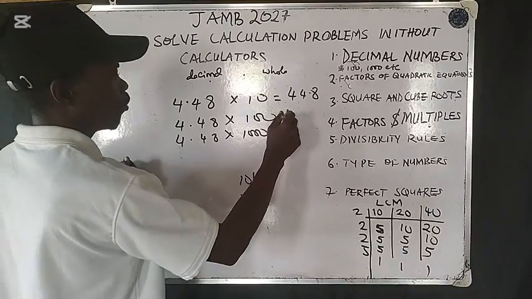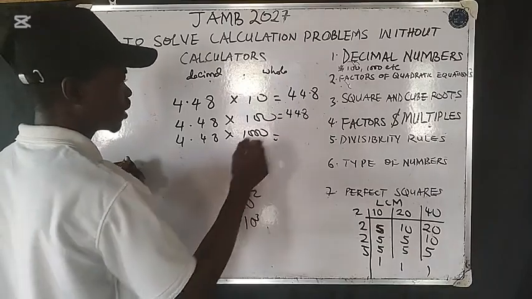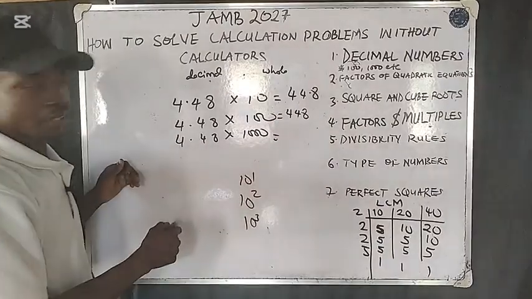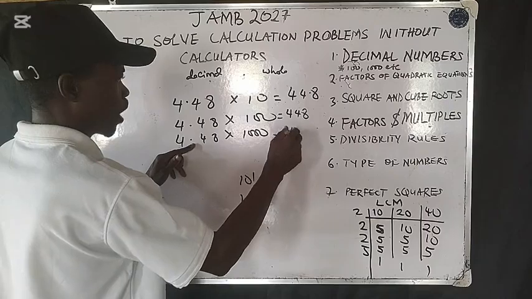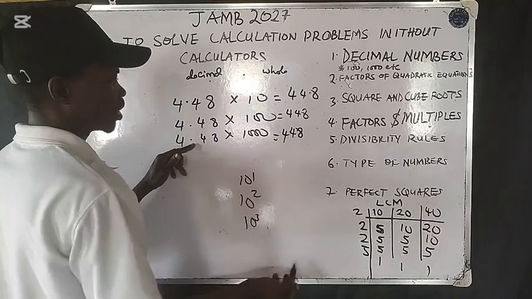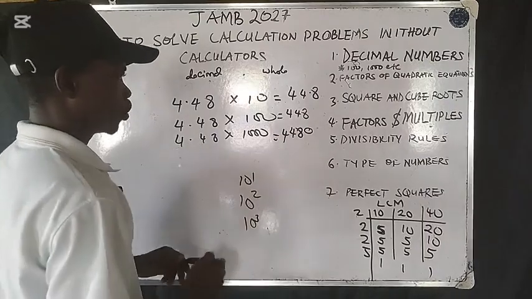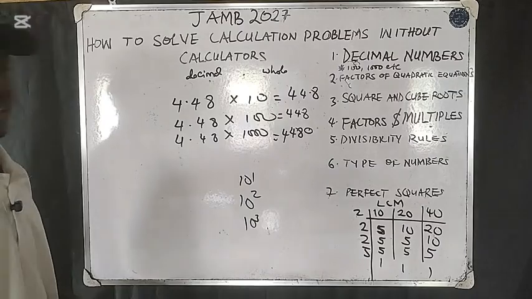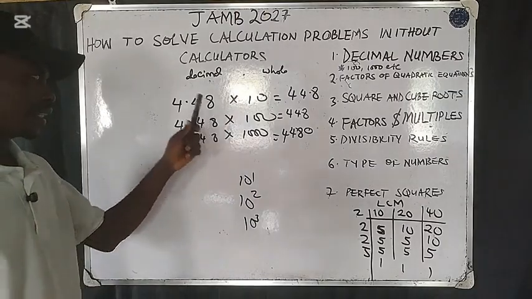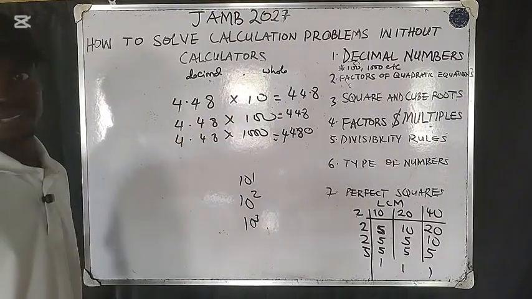So it becomes 448. Here is 1000, right? So you move it 3 times. 1, 2, nothing again, so you add 0. So this is how to multiply a decimal number by a base 10 number.